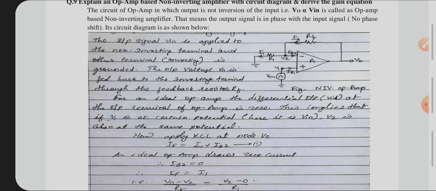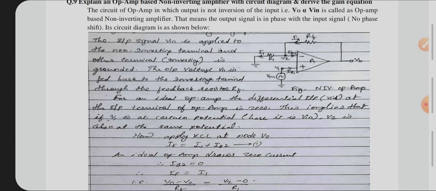So after the definition, the second point is the circuit diagram and its description. You can write in your own words: the input signal is applied to the non-inverting terminal of the op-amp, that means the positive terminal. The inverting terminal of the op-amp is grounded. R1 is the input resistor through which I1 is the current flowing. Vin is the input signal applied to the positive terminal.